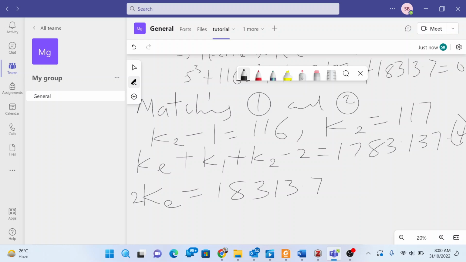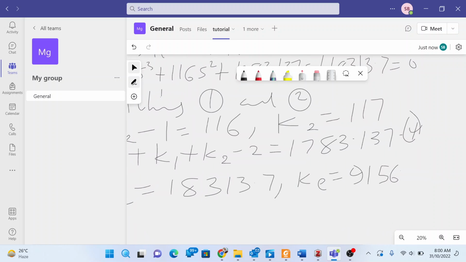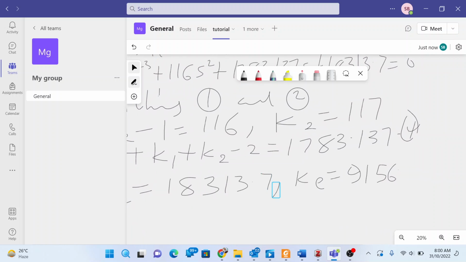So that means ke from here is going to be this divided by 2, and that's going to give us 9156.85.